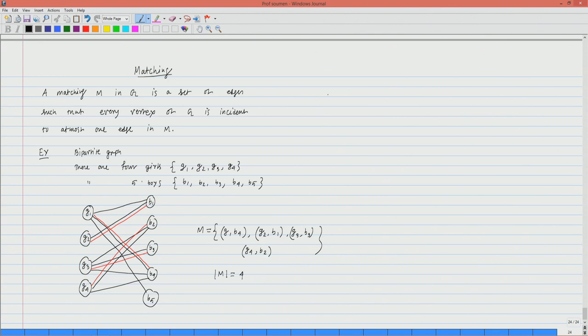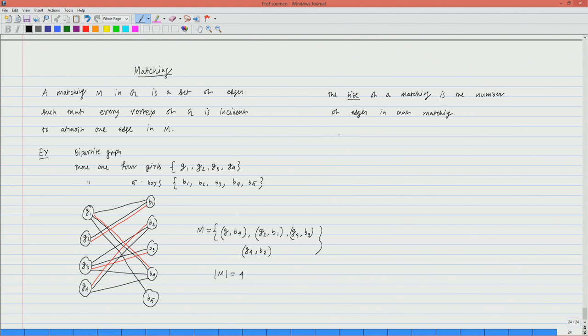So, formally the size of a matching is the number of edges in that matching.